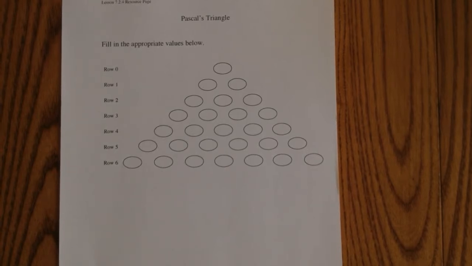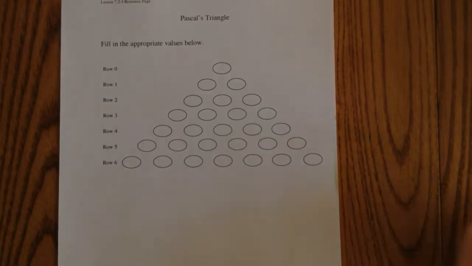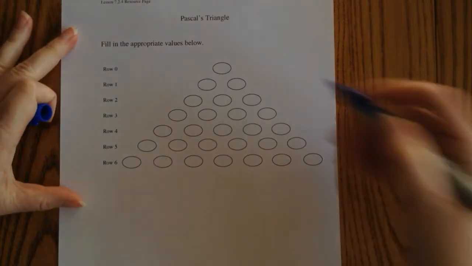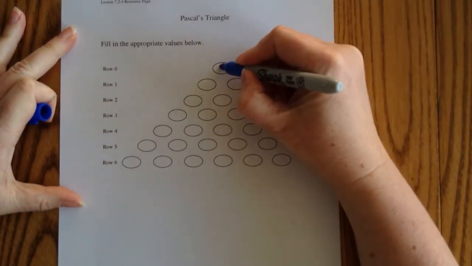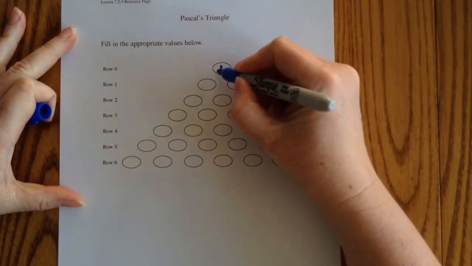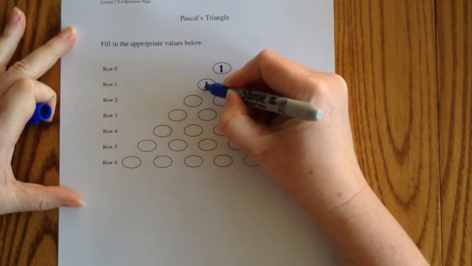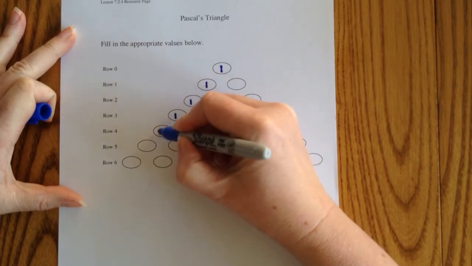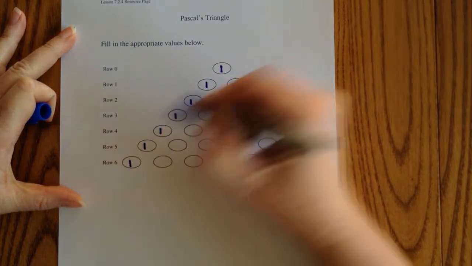All right, let me get my toilet paper out of the way here. So, Pascal's triangle. Once again, here's your idea. At the top of the triangle, you place a 1. On the outer edge, you automatically assign the value of 1s.